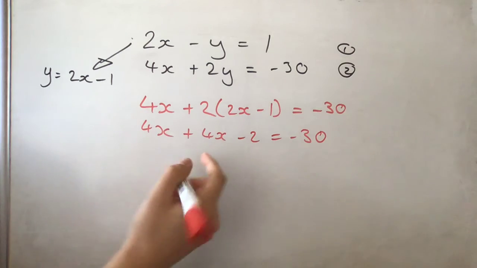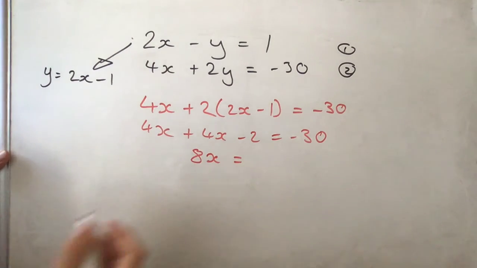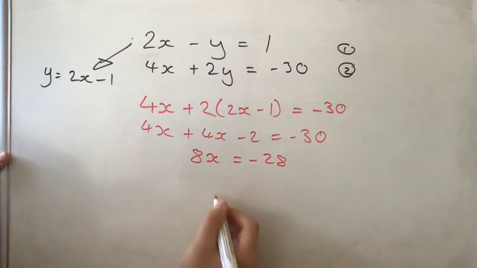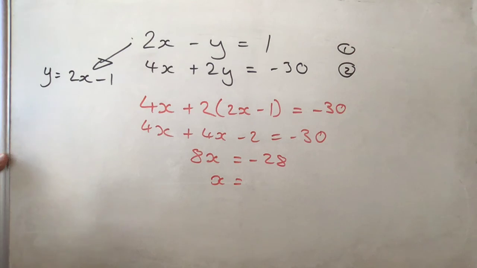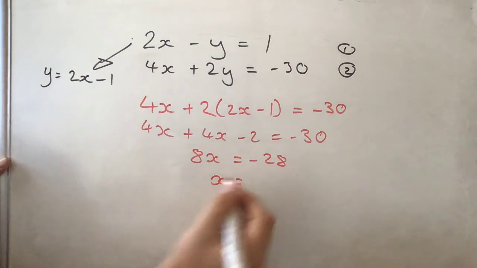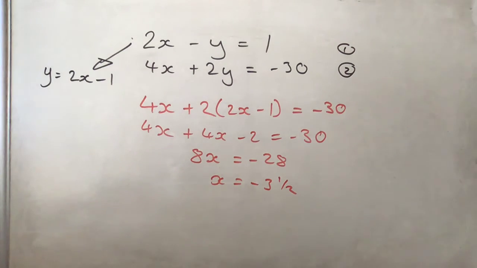And so 4x plus 4x equals 8x, and minus 30 plus 2 is negative 28, which gives us x equals minus 28 divided by 8, which will give us minus 3.5. Okay, so now we have the value of x.